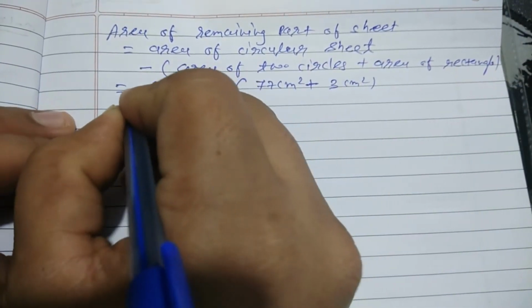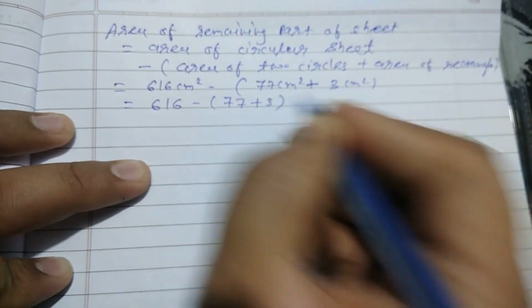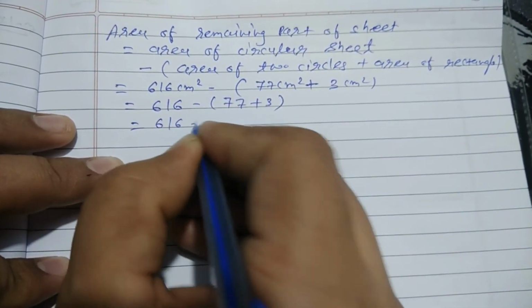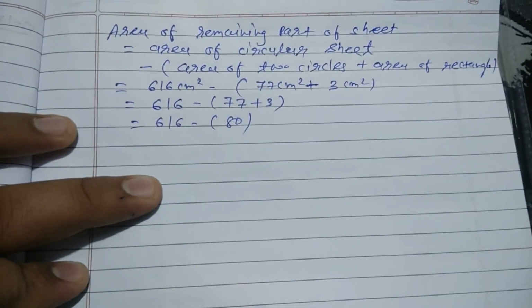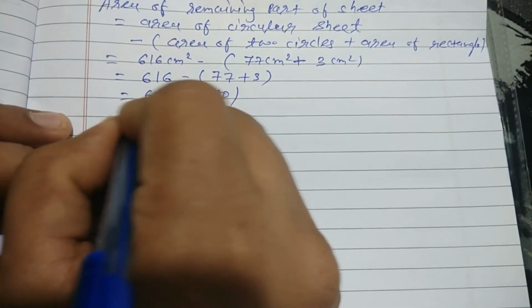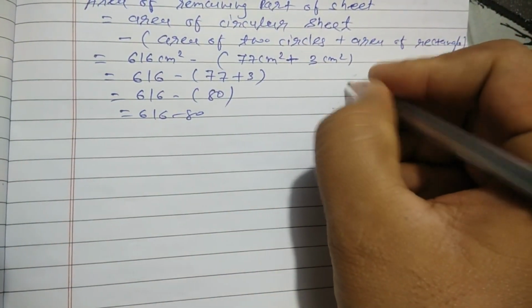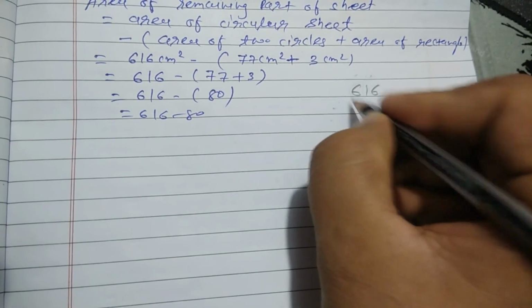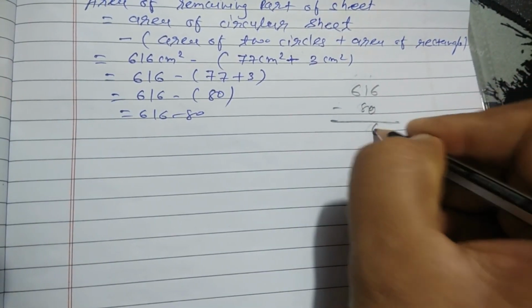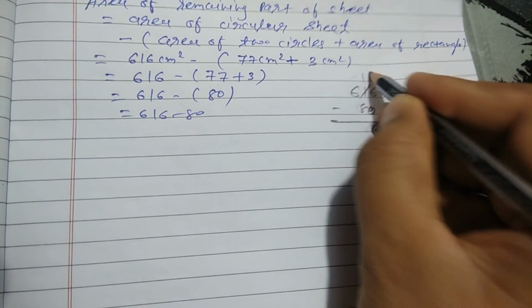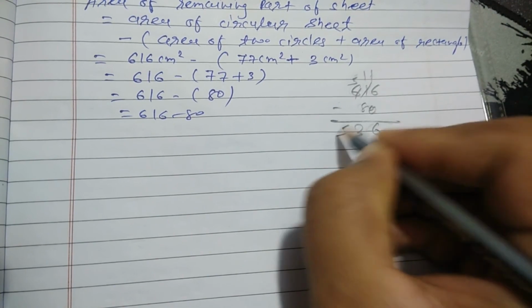and that is equal to 616 minus 77 plus 3, that is 616 minus 80. 6 minus 0, 6, 11 minus 8, 3, and this is 5.